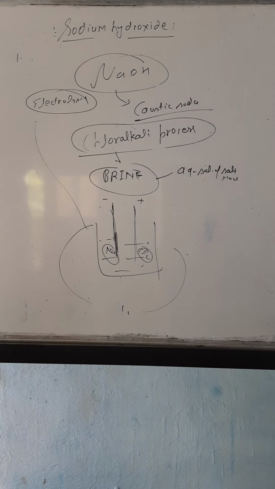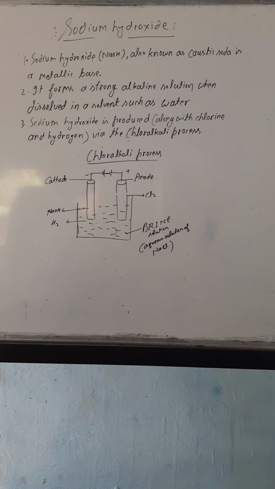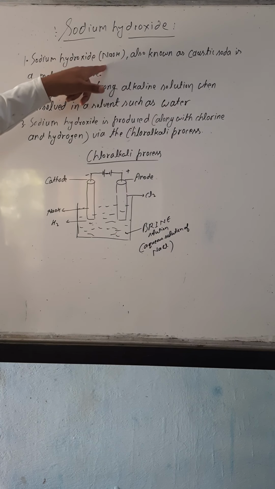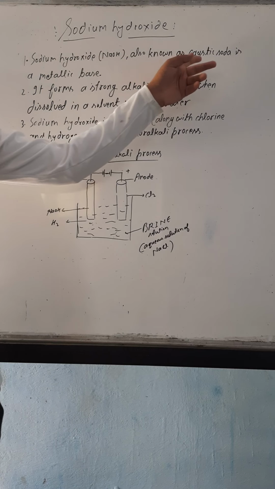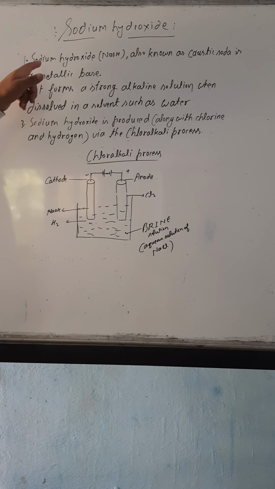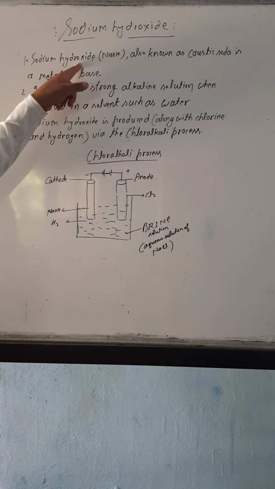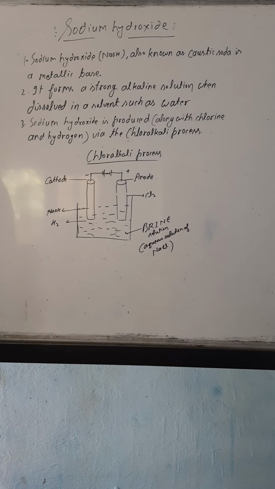Okay, let me move ahead. So what is sodium hydroxide? It's also known as caustic soda, and it's a metallic base, because sodium is a metal. Its common name is caustic soda, its chemical name is sodium hydroxide, and its chemical formula is NaOH.